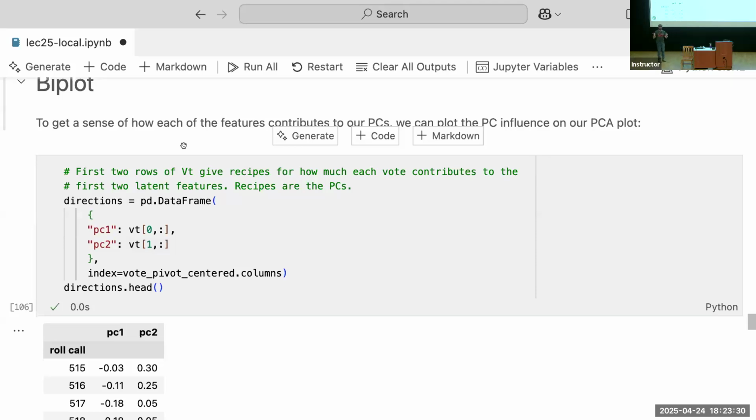So on my plot, I want to have an arrow that says, how much does bill 515 influence PC1 and PC2? Earlier, how much does width influence PC1 and PC2? I actually want to think about my original features, because we think in terms of original features, right? We're thinking on these natural scales. The algorithm's trying to get us on this other new and improved scale. But can we get these natural features on our plot?